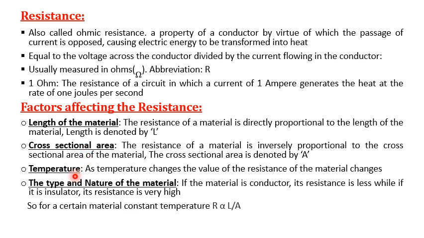As temperature changes, the value of resistance of the material also changes. And there is one more factor, the type and nature of the material. If the material is a conductor, its resistance is lesser. If the material is an insulator, its resistance is very high.